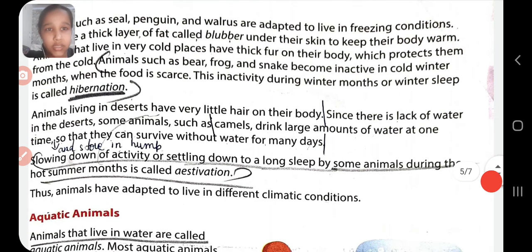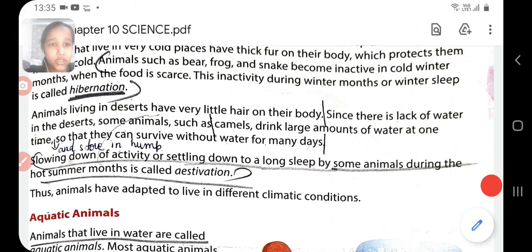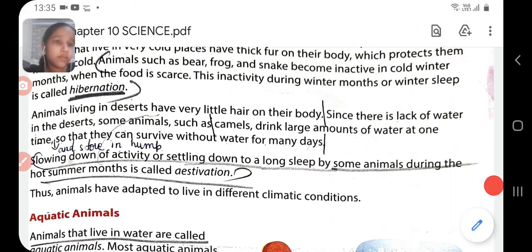Animals living in desert have very little hair on their body, so that they will not feel so hot. Since there is a lack of water in the deserts, some animals such as camels drink a large amount of water at one time, so that they can survive without water for many days.